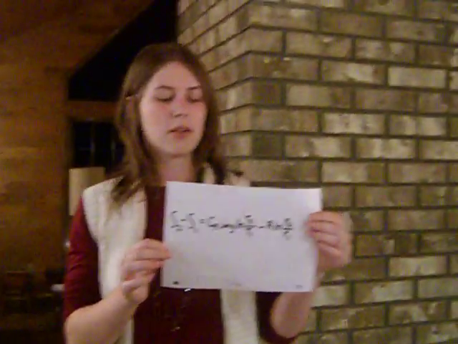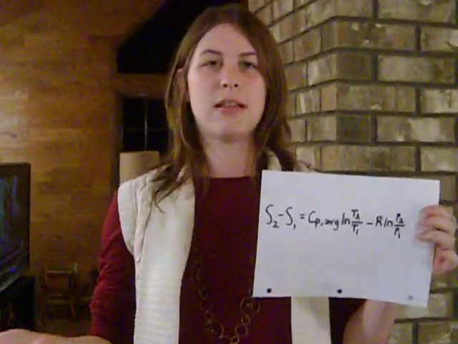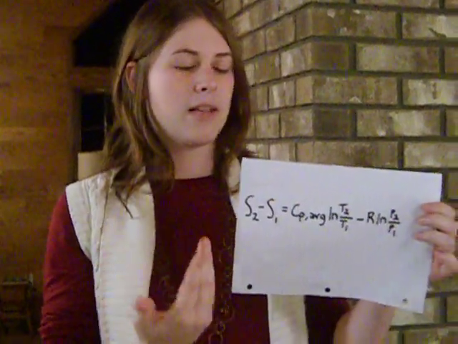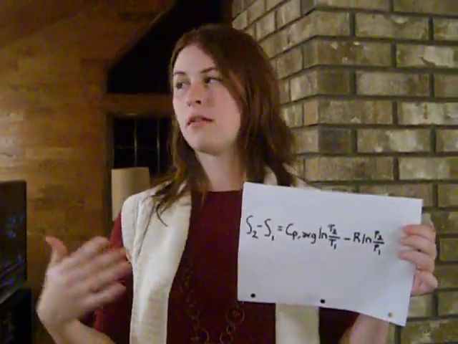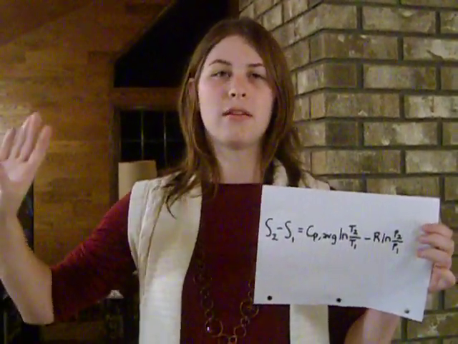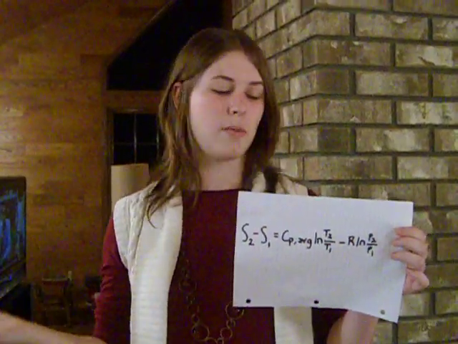Alright, so we can examine the entropy changes in the system. We can first examine the entropy change associated with the oxygen molecules. And this equation here describes the entropy change. This is for an ideal gas, in which we are considering oxygen as an ideal gas. So it's the entropy change from state 1 to state 2. State 2 being the outlet, or when the oxygens leave the pipe, and state 1 being the inlet when the oxygens enter the pipe.